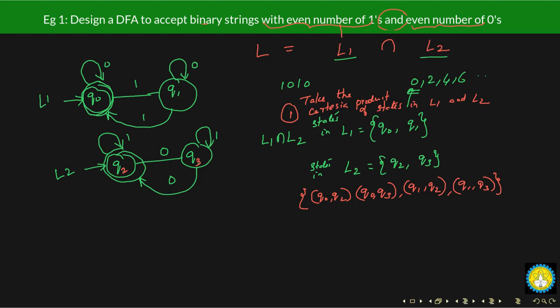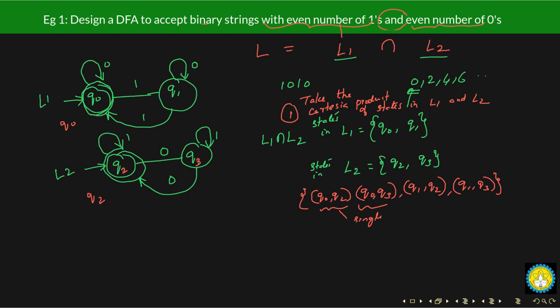Now we know that the final state in L1 is Q0, and the final state in L2 is Q2. So we are actually going to design this DFA using these Cartesian products. We are going to consider each of these states as a single state, and then we are going to redesign our DFA.